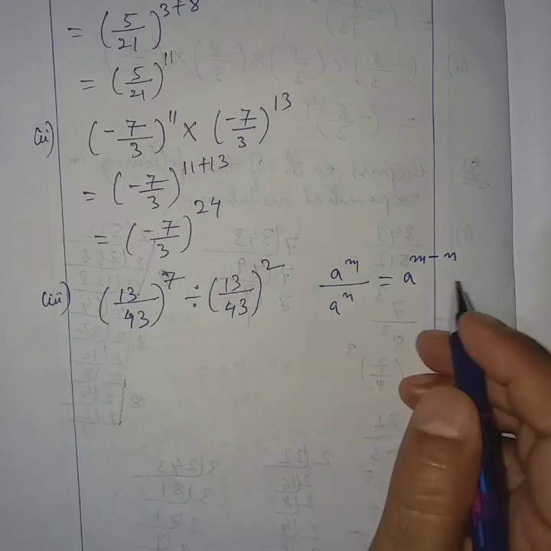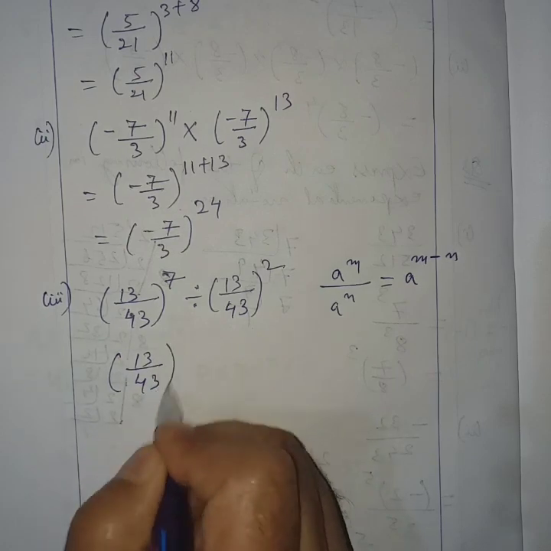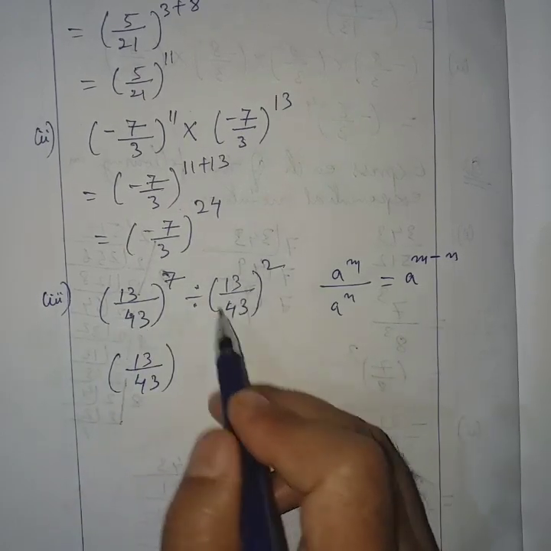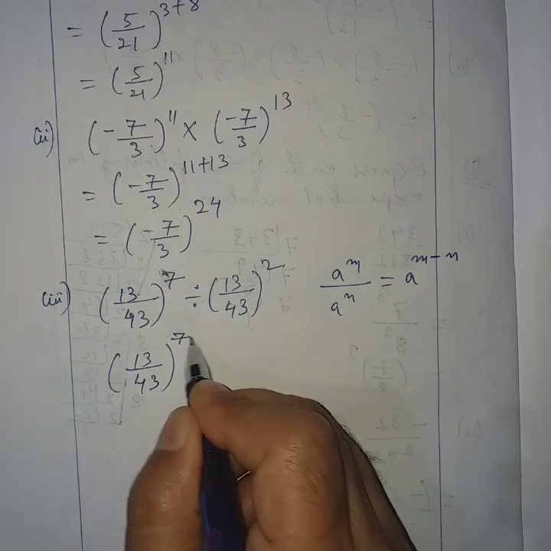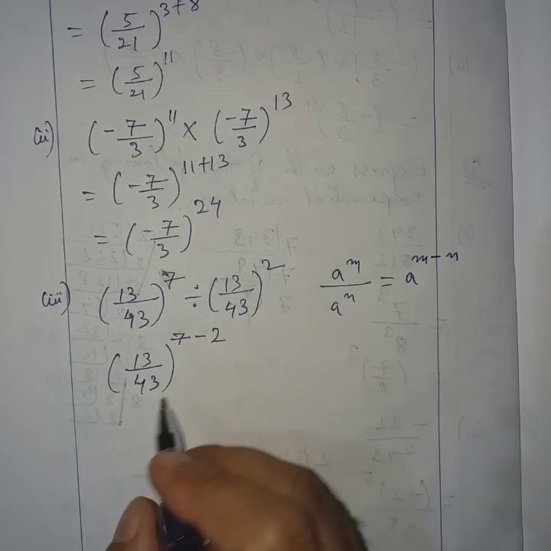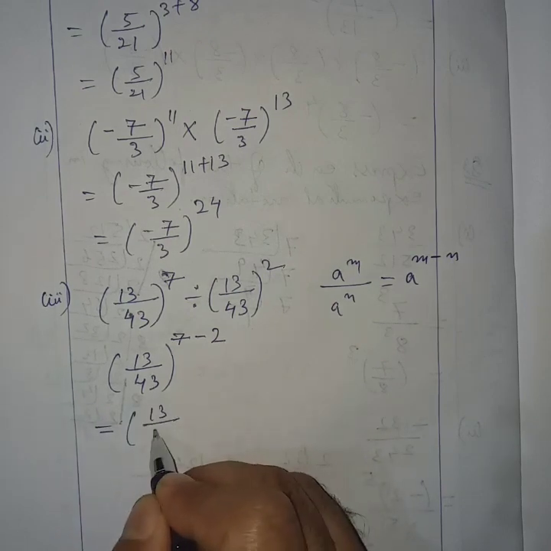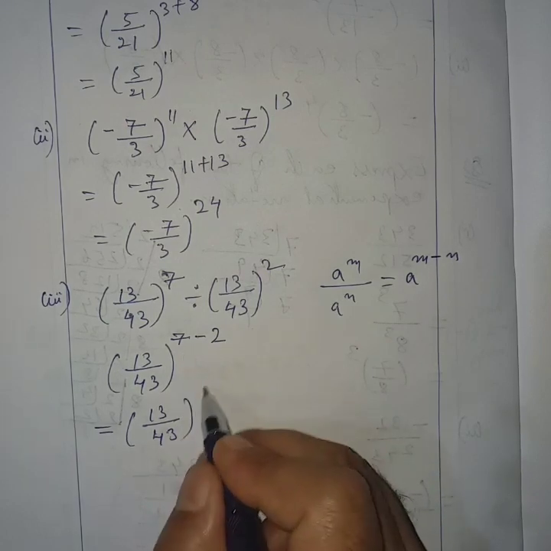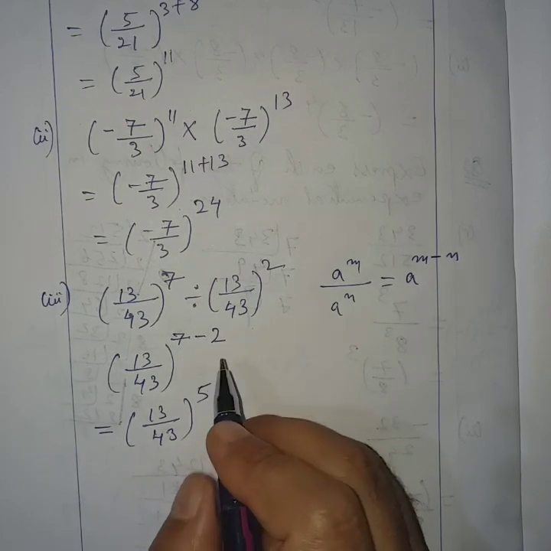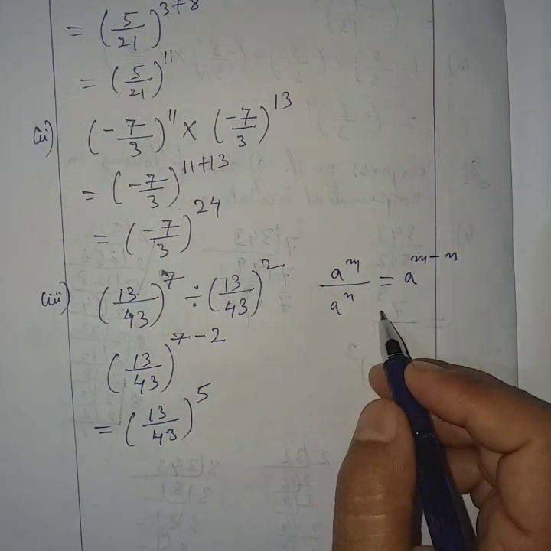Okay, m minus n. So here 13 by 43, this is numerator and this is denominator. So 7 minus 2. When we subtract it, we are going to get 13 by 43 to the power 5, since 7 minus 2 is 5.